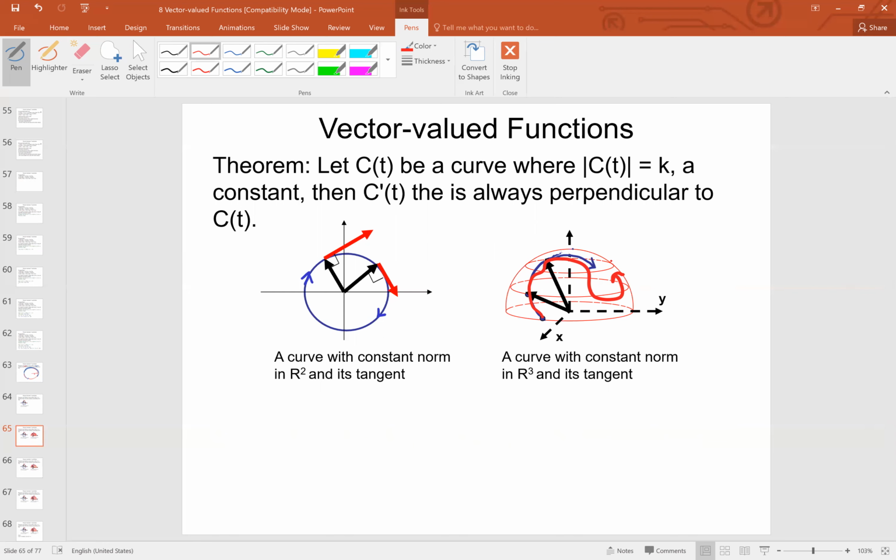And then the theorem says if that's a curve you have, then the tangent of that curve at every point is always perpendicular to the vector to that point, like this. In three dimensions, these will be the vectors starting from the origin going to the surface of the sphere, and then your tangent to the curve will be perpendicular.